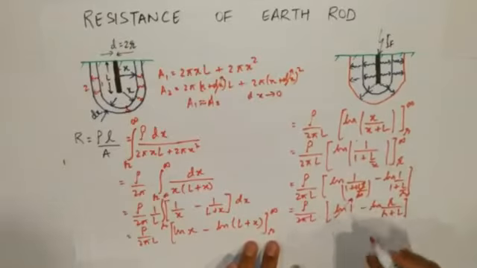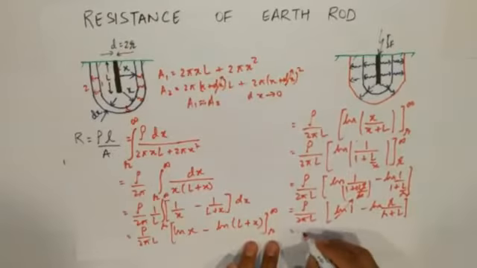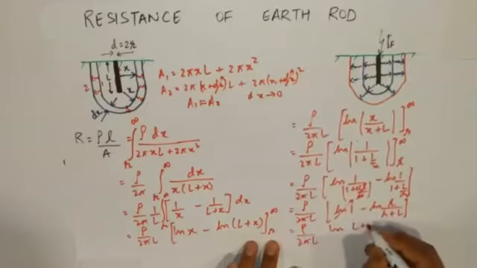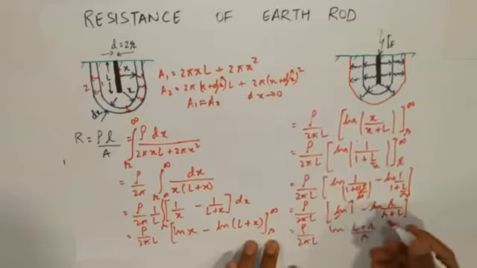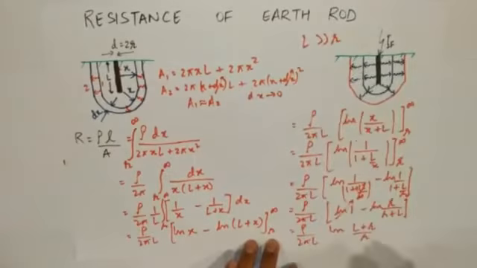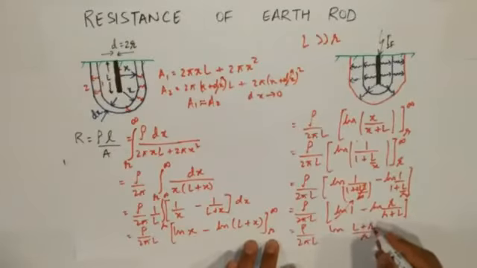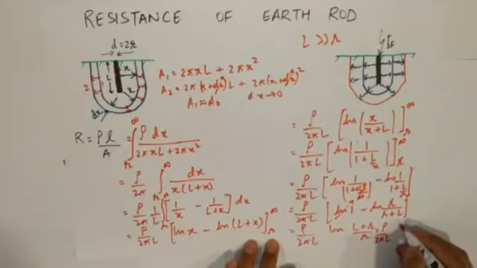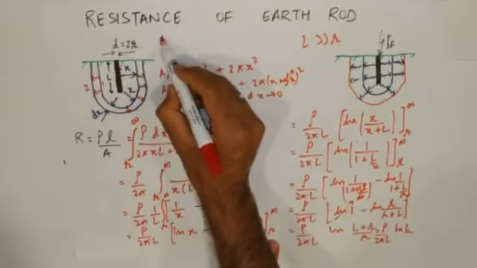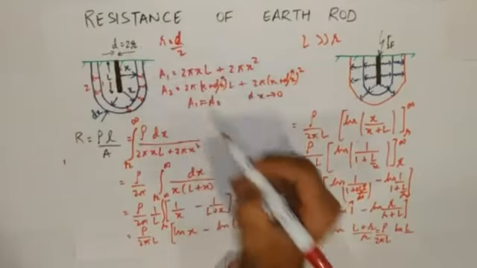Now ln 1 is 0, so this will come out to be rho upon 2 pi L, and as this is a minus sign, we can reverse, so it will become L plus R upon R. And if we assume that the length of the rod is much greater than the radius, so we can remove this and we can directly write rho upon 2 pi L ln L upon R, and R is the radius of this rod, so you can write R is equal to d by 2, that is diameter by 2.